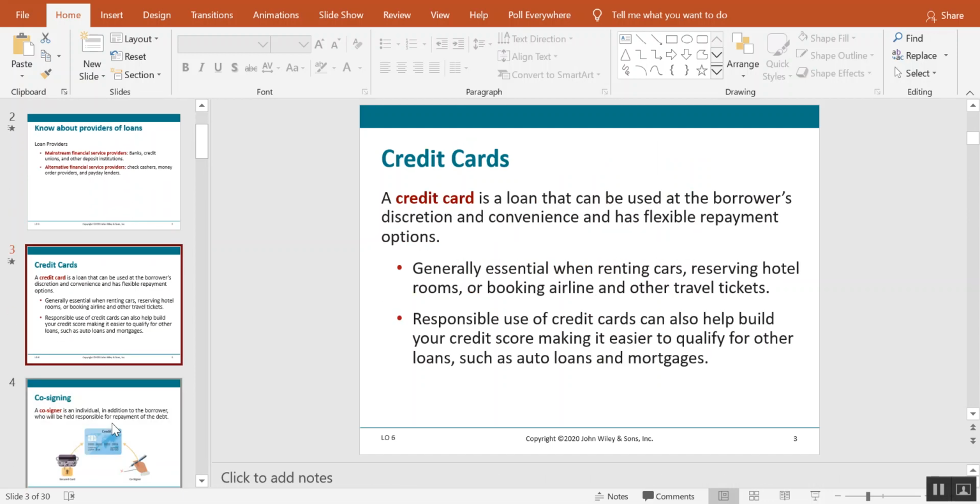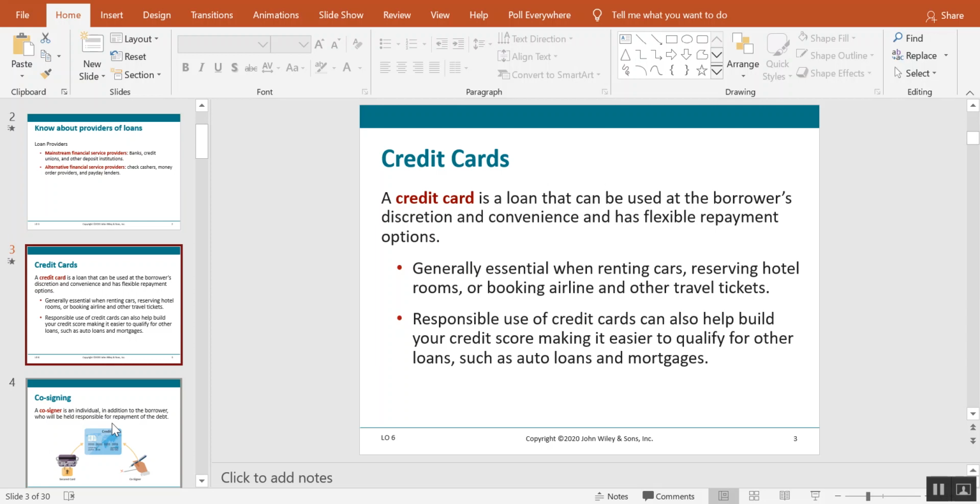A credit card is basically a loan. It's a revolving line of credit. You have a certain amount of limited funds available, and you can charge it up to a certain amount, whenever you want to, whenever you need to. Credit cards are usually necessary if you're going to rent a car or travel, or book an airline or some kind of travel ticket.